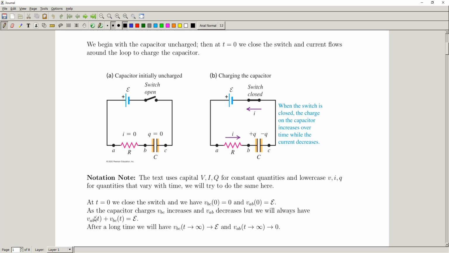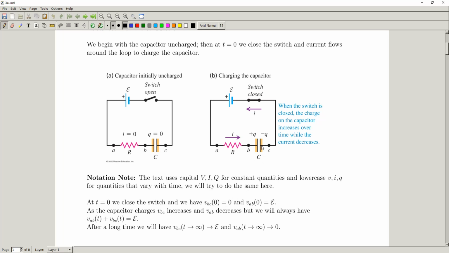So let's start off looking at this. At a time t equals 0, we're going to close our switch, right? So we have our setup like this. We close the switch, and the instant that we close the switch, we start our stopwatch at t equals 0. At that moment when we close the switch, we're going to have a v_BC, I should say, a potential difference across B and C here, the moment we close it, of 0, right?